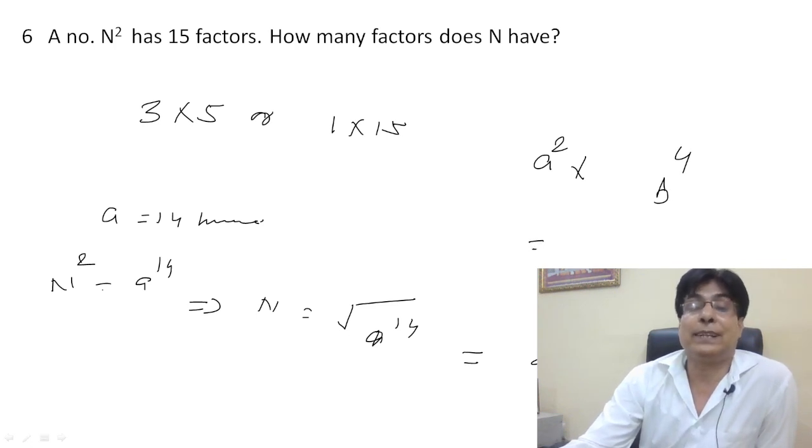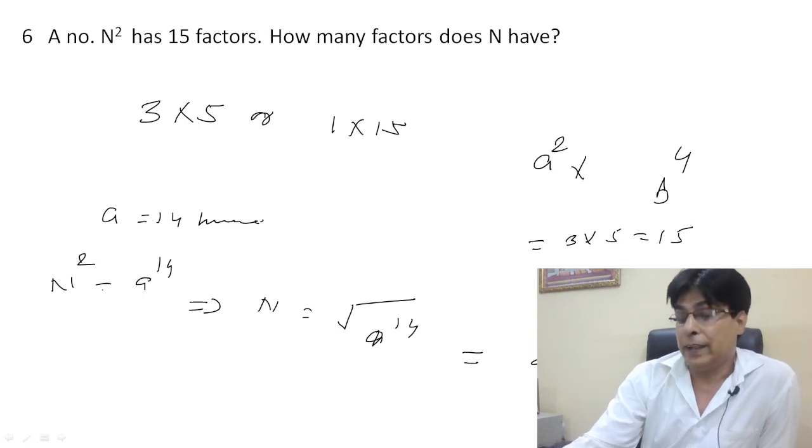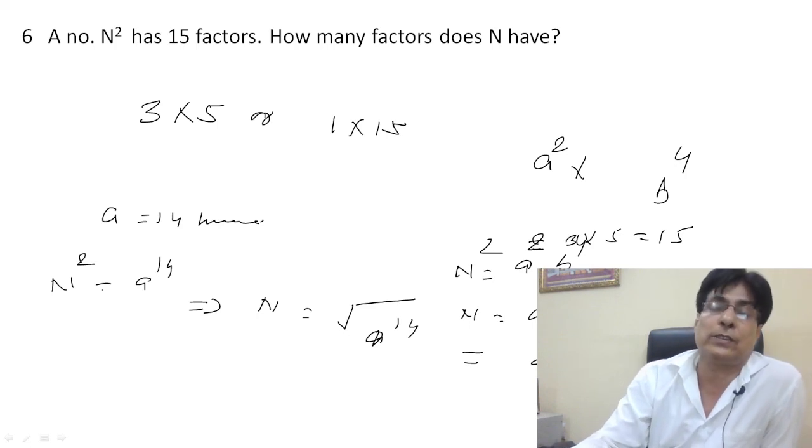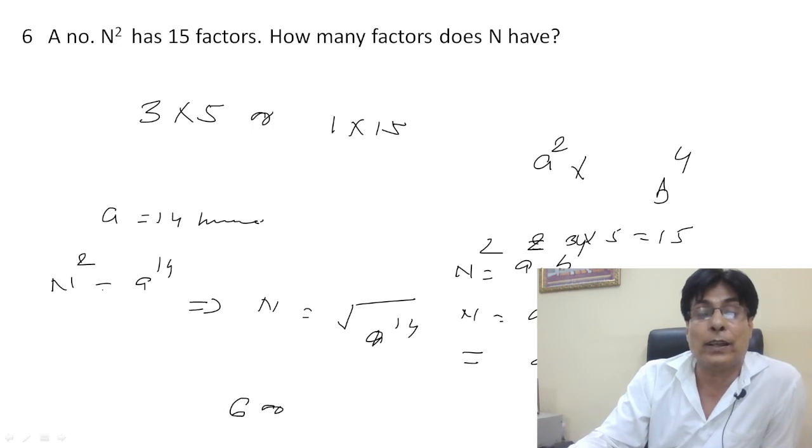Then the number of divisors 3 into 5 must be 15. If n square is equal to A square into B to the power 4, then n is equal to A into B to the power 2, then the number of divisors is equal to 2 into 3, that is equal to 6. Hence, the answer to the question is either 6 or 8.